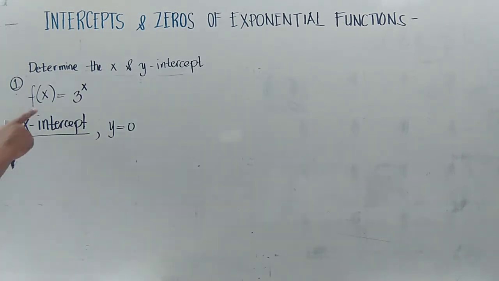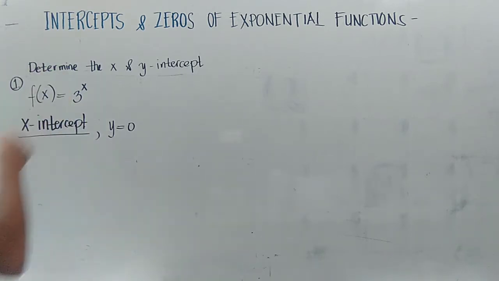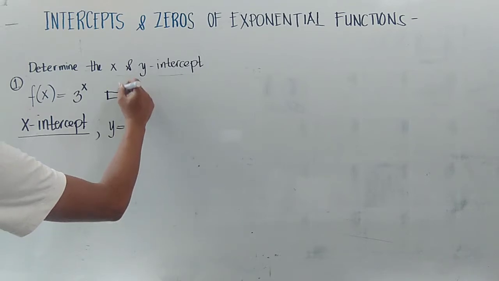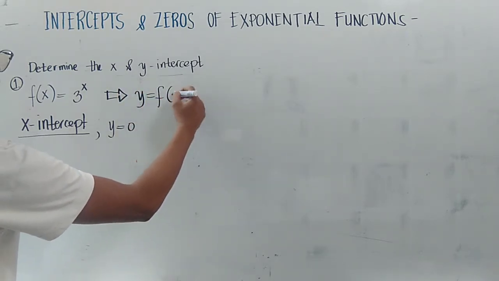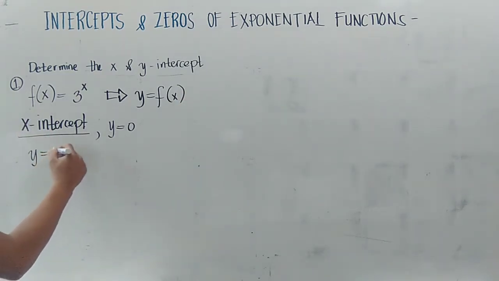We have f of x equals 3 raised to x. Where is y in our given exponential function? There is no y here, so we can write it in y form as y is equal to f of x. Therefore, y is equal to 3 raised to x.